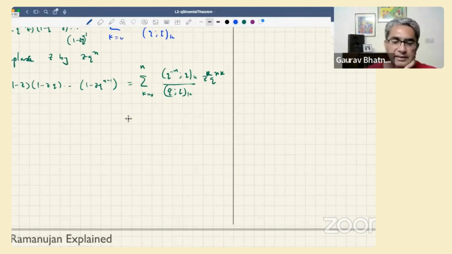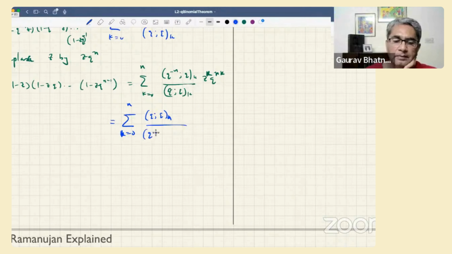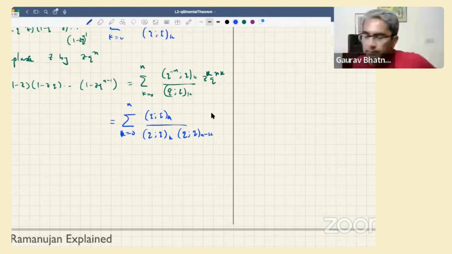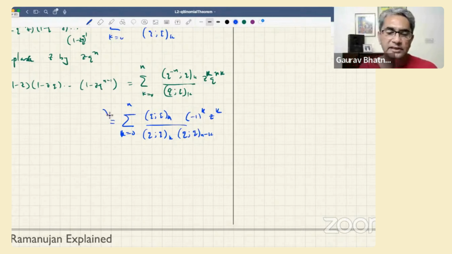And this is a short exercise: you can write this, k going from 0 to n, as (q; q)_n over (q; q)_k (q; q)_(n-k), times (-1)^k z^k q^(k choose 2). So this is an exercise.